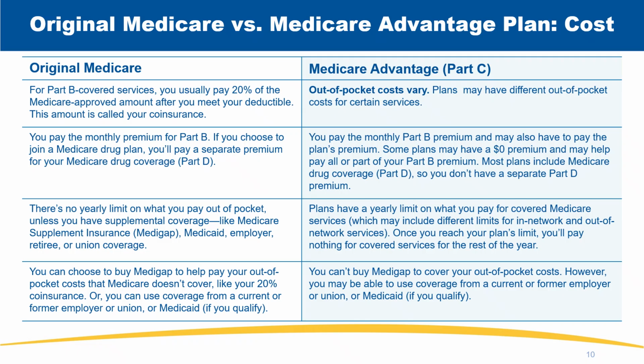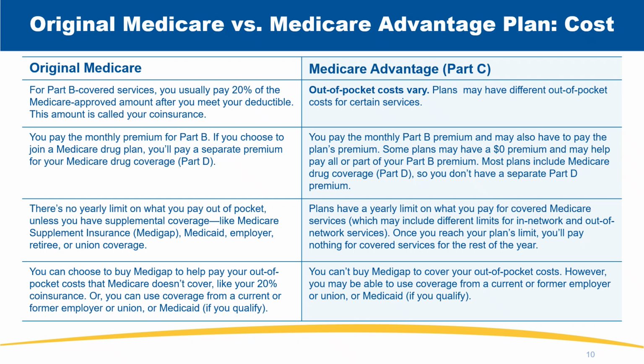There's no yearly limit on what you pay out of pocket unless you have supplemental coverage, like Medicare supplement insurance, also known as Medigap, Medicaid, employer, retiree, or union coverage. It is up to you to make sure through your benefits administrator how your retiree or union coverage will work.